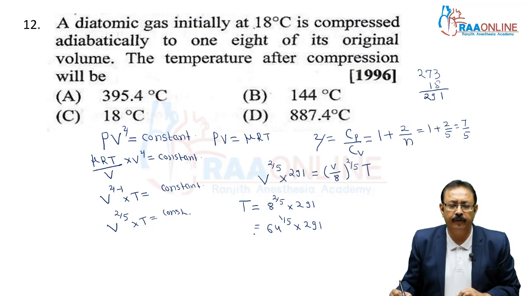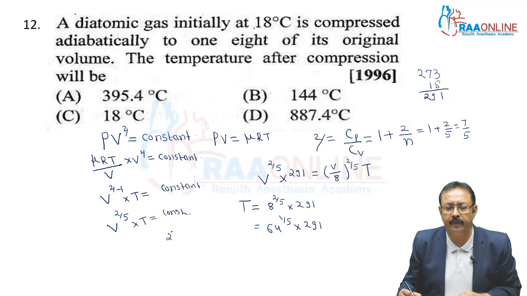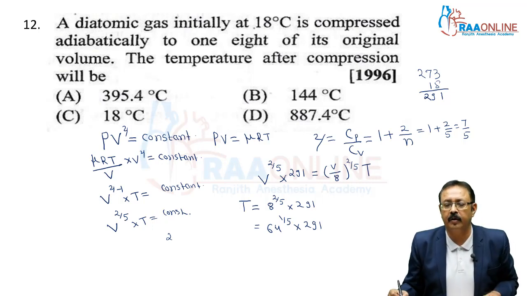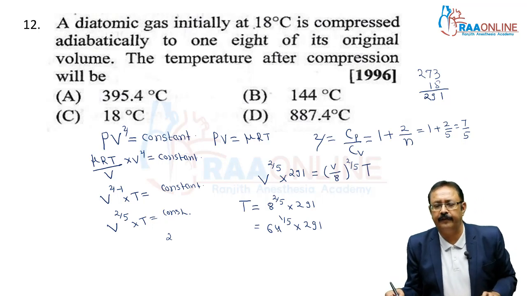So now we have to take an approximate calculation. We know that 2 raised to the power 5, either we can take the help of log, but log table is not allowed. So in competitive exams, either they will give you the value of this power 1 by 5. If it is 1 upon 6, you will get 2 because it is 2 raised to the power 6, but it is 1 upon 5.